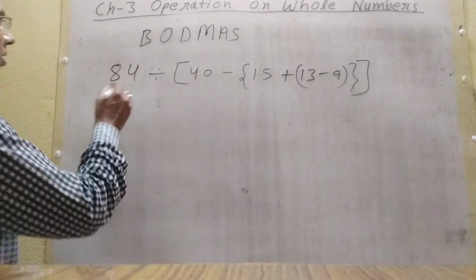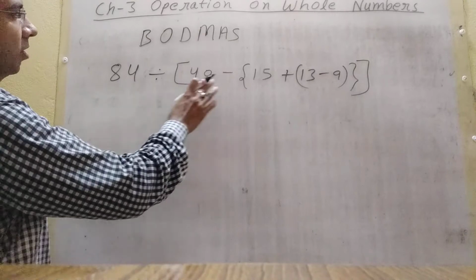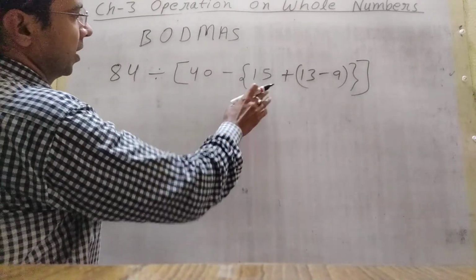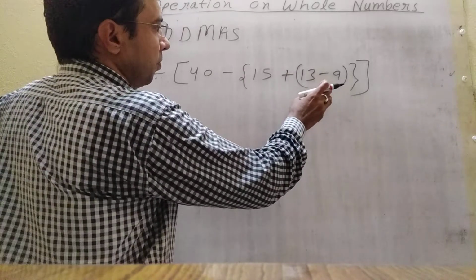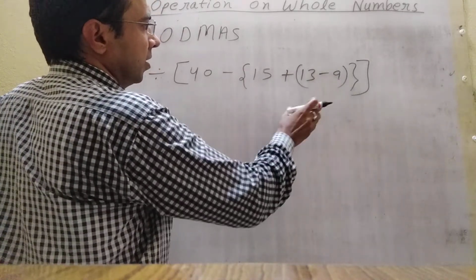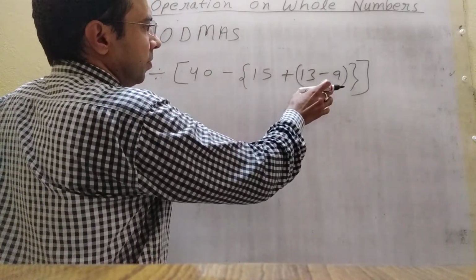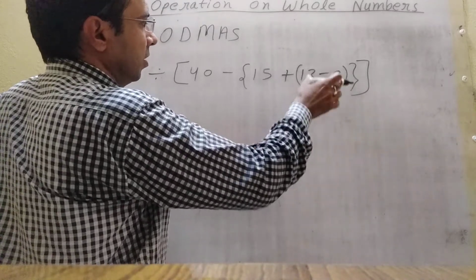Now the second question, student, in simplification. Now in this simplification question we have brackets also. How to solve? First we solve the smaller bracket, then the bigger one than that, and afterwards the biggest bracket.